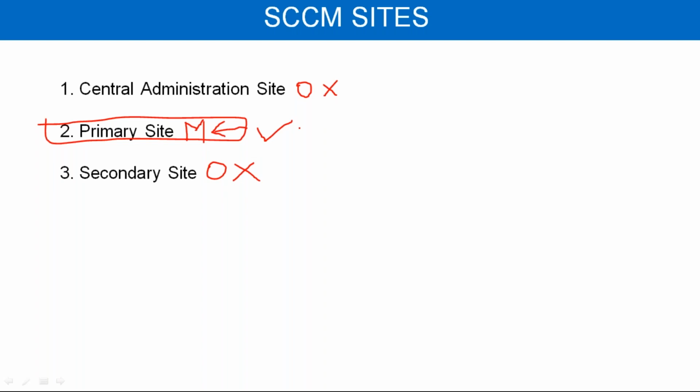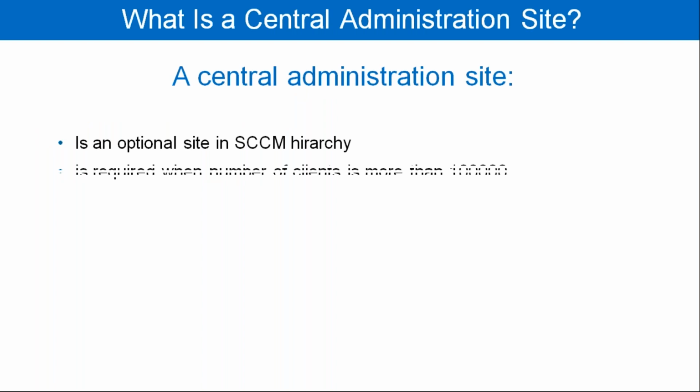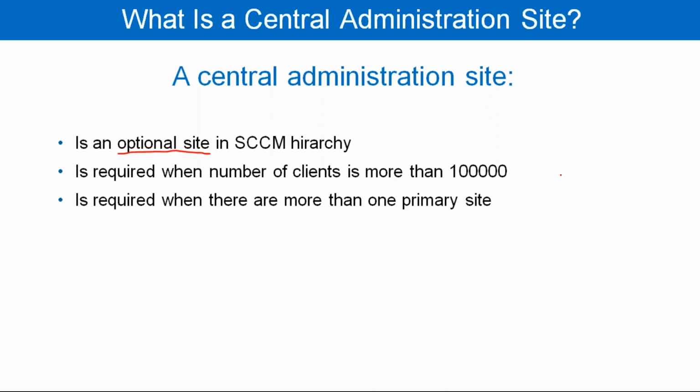SCCM has three sites. I'll discuss these sites in detail. A central administration site is, as we discussed, an optional site in the SCCM hierarchy. It is required on two conditions. The first condition is when the number of clients is more than 100,000.